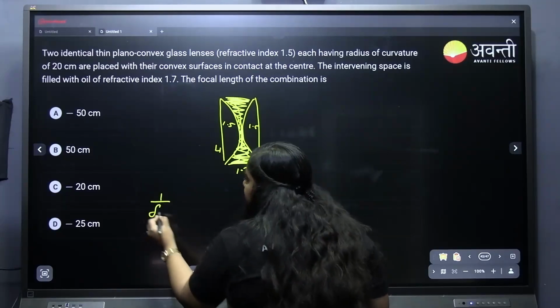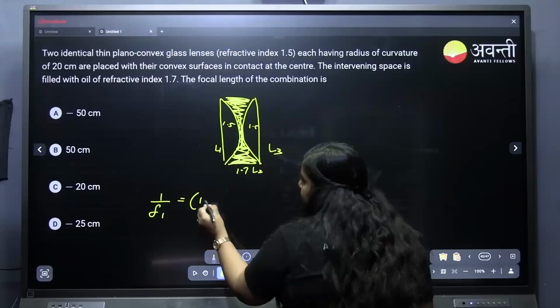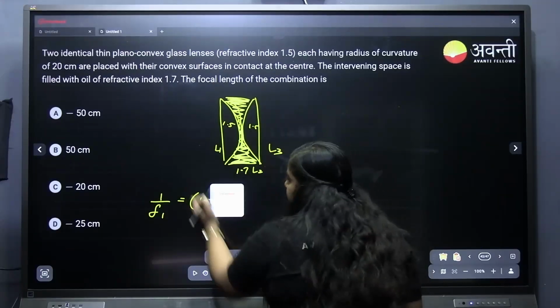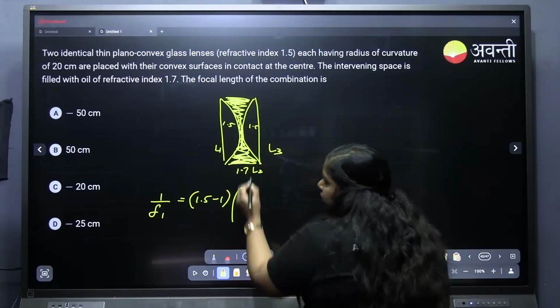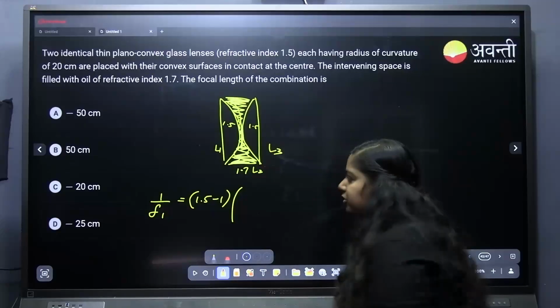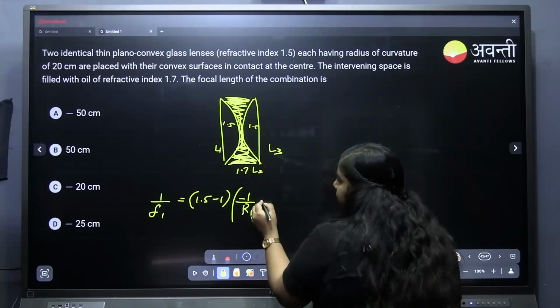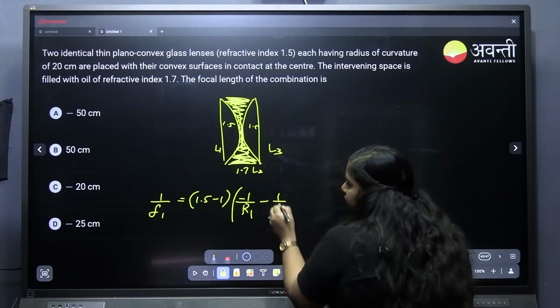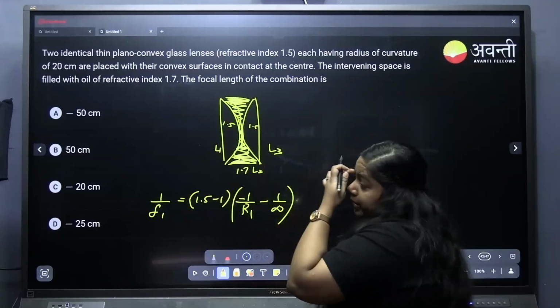1 by f1 is equal to (1.5 minus 1) into (1 by r1 minus 1 by infinity). 1 by infinity will be 0, and r1 is equal to 20 centimeter.